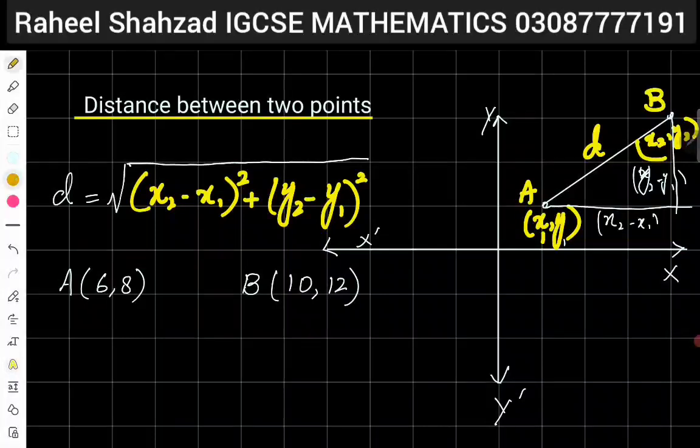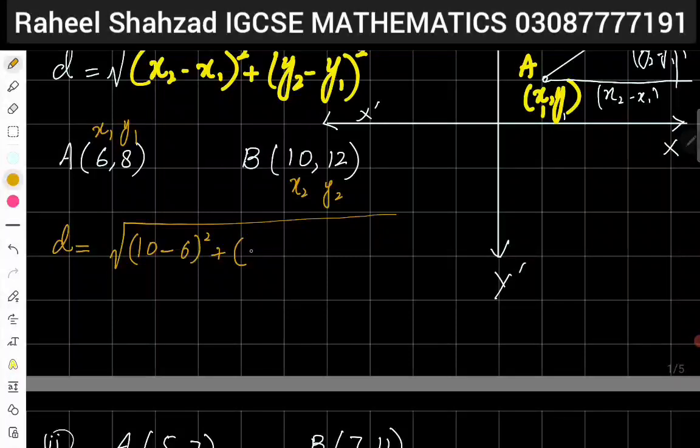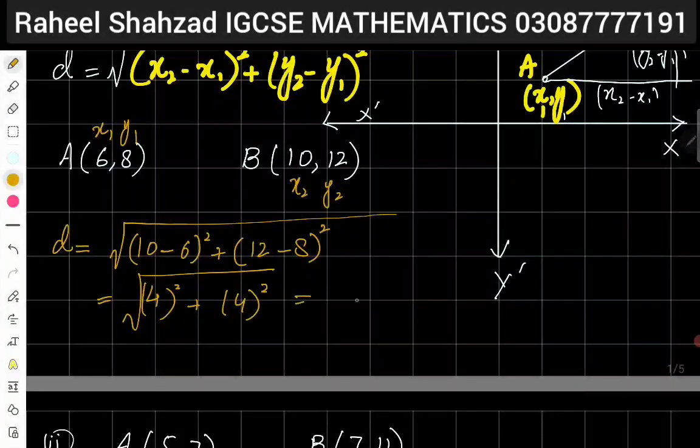For example, let's find the distance between these two points. This point is (x1, y1) and this point is (x2, y2). So the distance between the two points is the square root of (x2 minus x1) whole square plus (y2 minus y1) whole square, that is 12 minus 8 whole square, so that is equal to the square root of 4 squared plus 4 squared, which is the square root of 16 plus 16, that is the square root of 32.